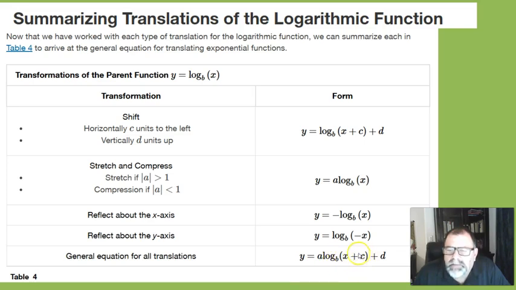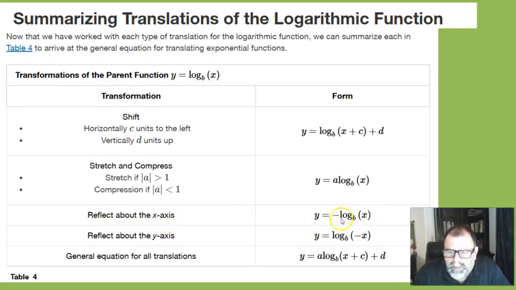The plus c is the shifting left right, and the plus d is the shifting up down. And then if you have a negative inside with the x, that's the reflect about the y-axis. If you have a negative outside here, that's a reflect about the x-axis.